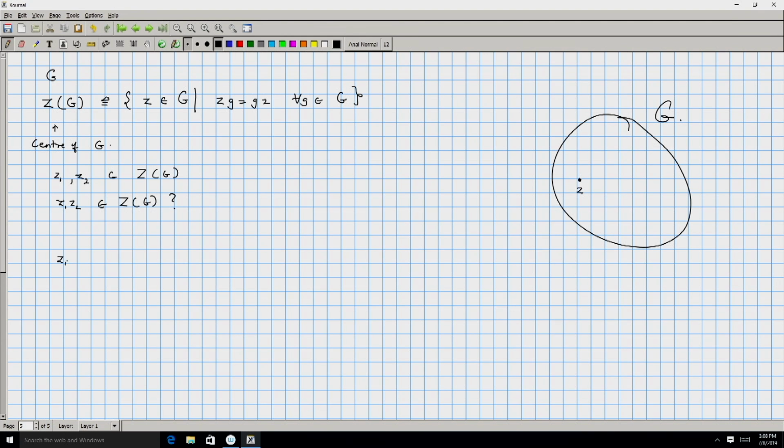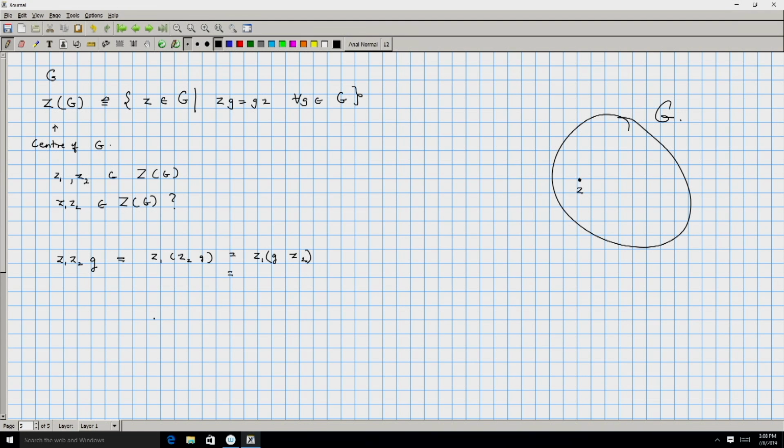Okay, so let us look at z1 z2 times any element g. This is equal to, by associativity you can write it as z1 (z2 g), and because z2 was an element in the center, this is equal to z1 g z2.